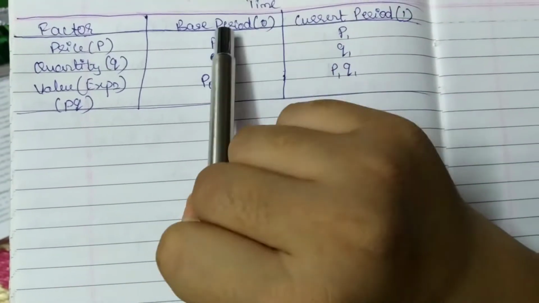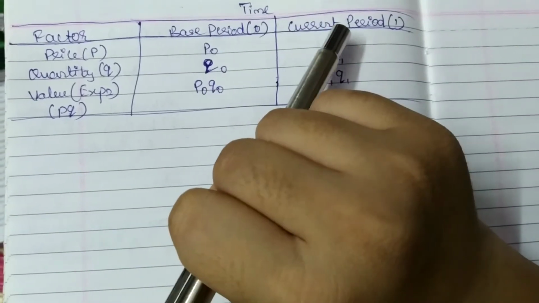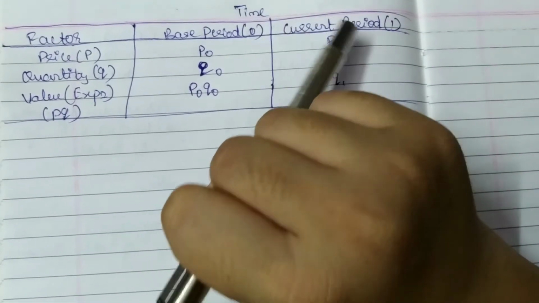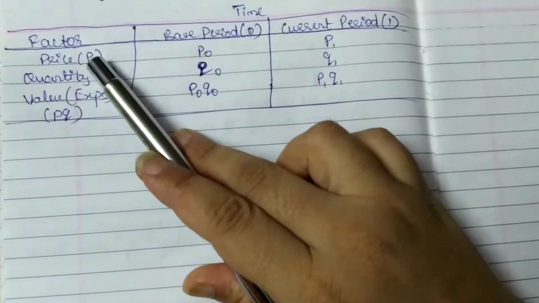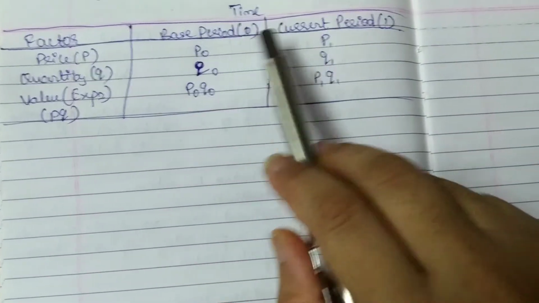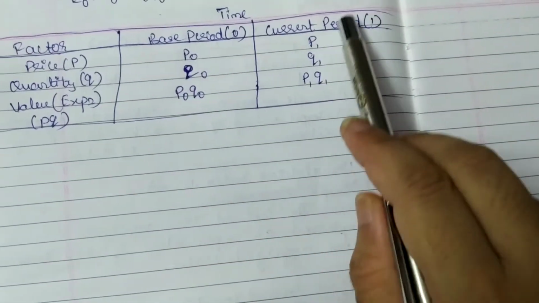Here the times we compare are the base period and the current period. The base period is denoted with 0 and the current period is denoted with 1. So the price of the base period will be P naught, and for the current period it will be P1.